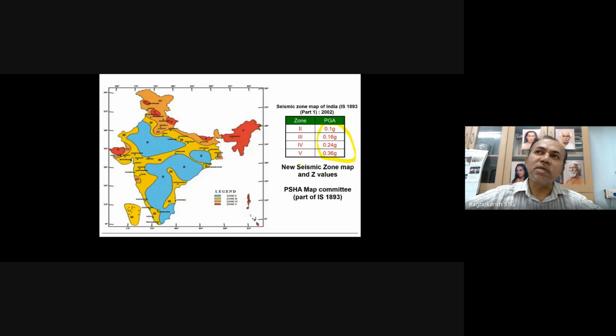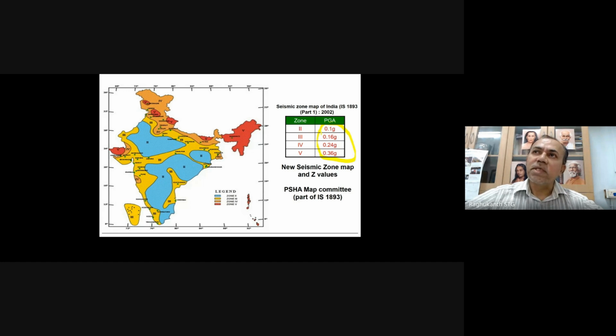So there was a demand to do this zone map using probabilistic approaches. That is how the PSHA maps committee was formed under BIS CED 39 to revise this zone map.